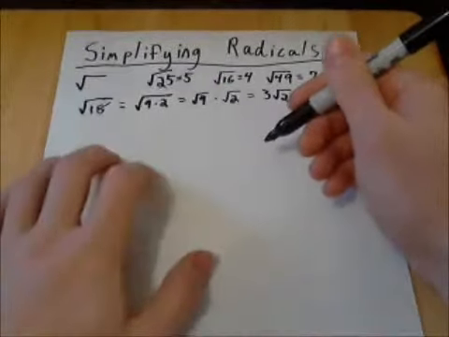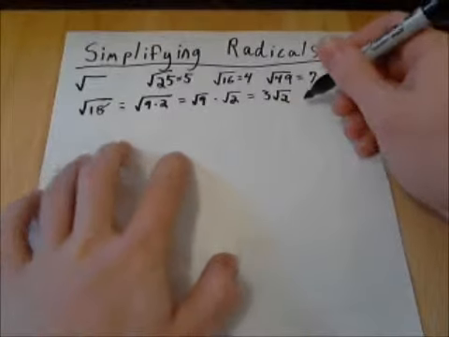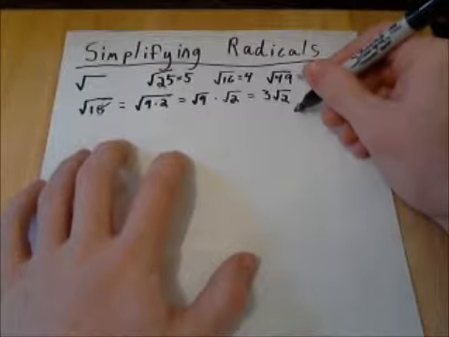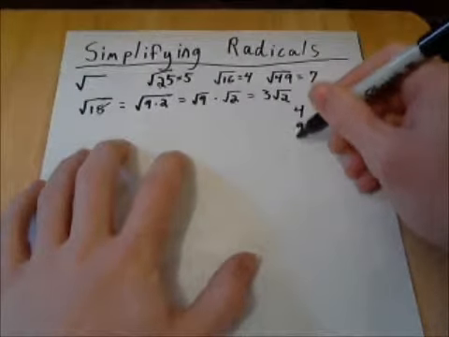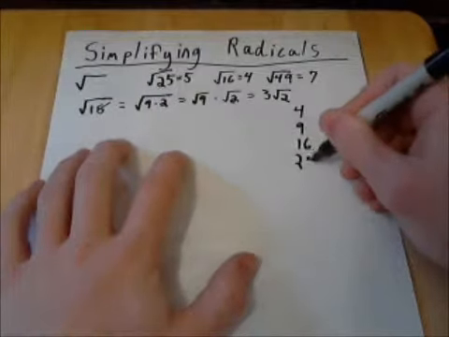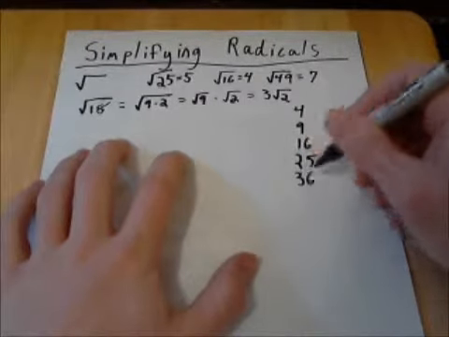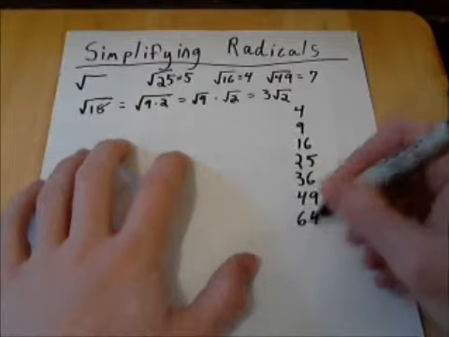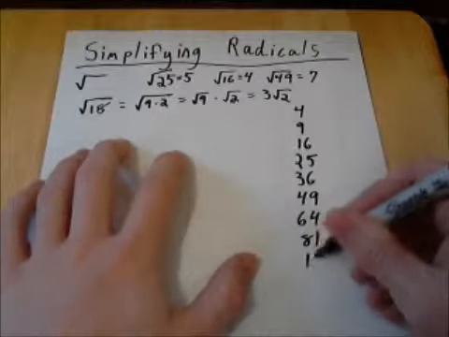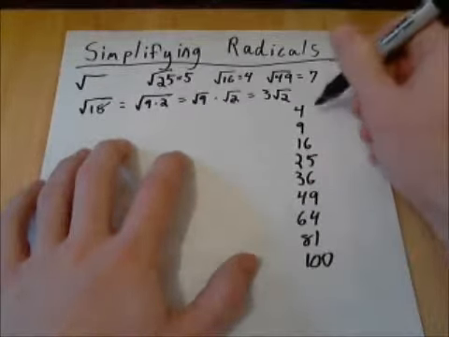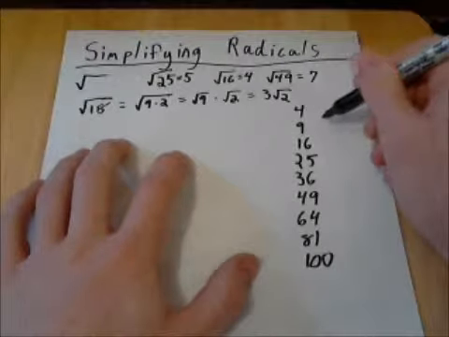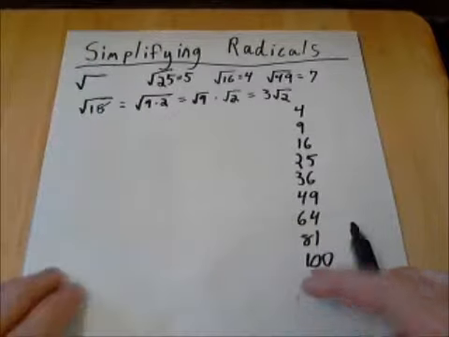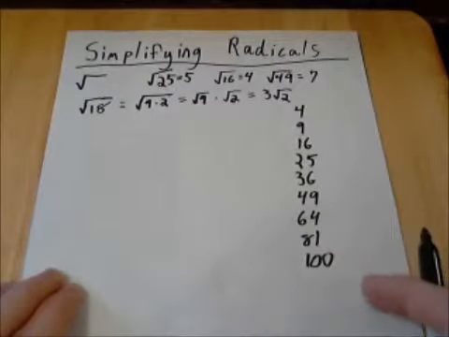To simplify radicals, it's going to be really helpful if you are familiar with what we call the perfect squares, which are 4, 9, 16, 25, 36, 49, 64, 81, 100, and so on, because 2 times 2 gives 4, 3 times 3 gives 9, and 4 times 4 gives 16, and so on. So these are the perfect squares up to 100.